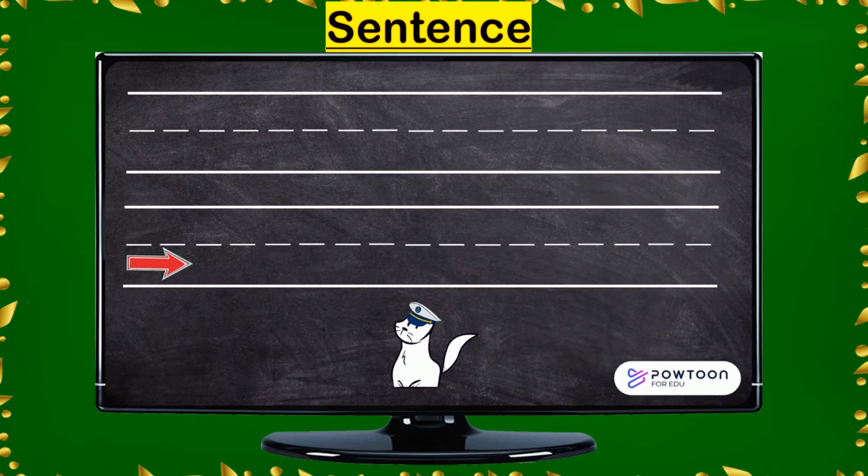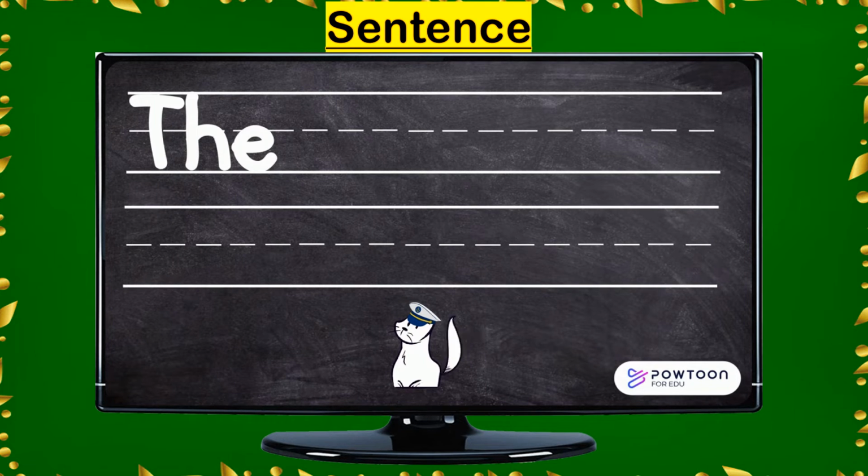What was our first word? The. Okay, so when starting a sentence, do you remember what our first letter needs to be? That's right, a capital letter. Now the is a tricky word, and I know it's T-H-E. So I'm going to write a capital T, then a H and an E.